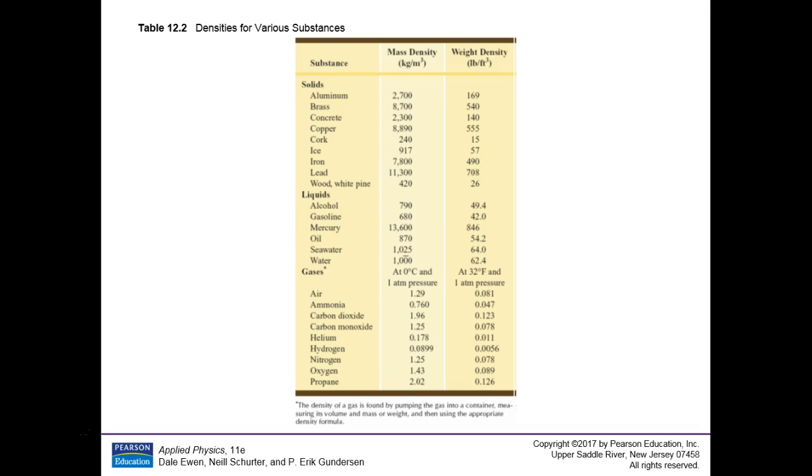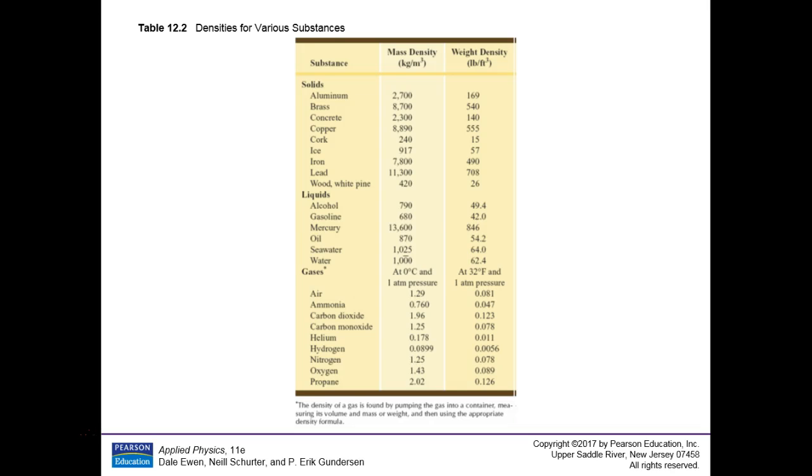That would be 8,700 kilograms per cubic meter, 8.7 grams per cubic centimeter, 540 pounds per cubic foot. Concrete is sort of an average, 2,300 kilograms per cubic meter, 2.3 grams per cubic centimeter, about 140.